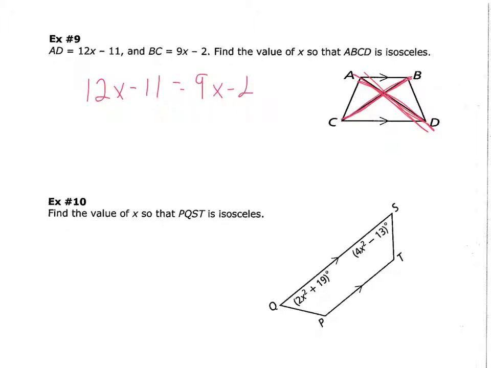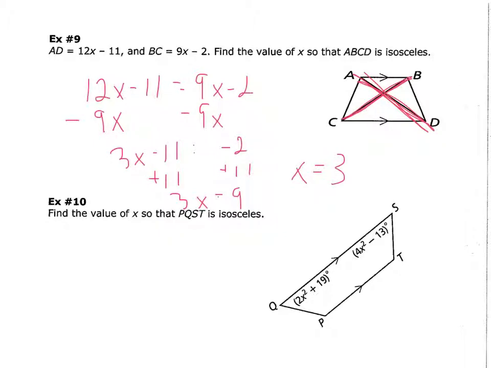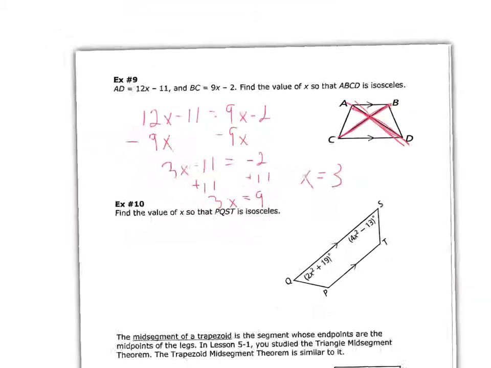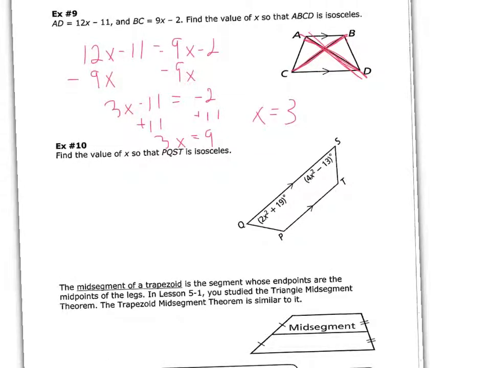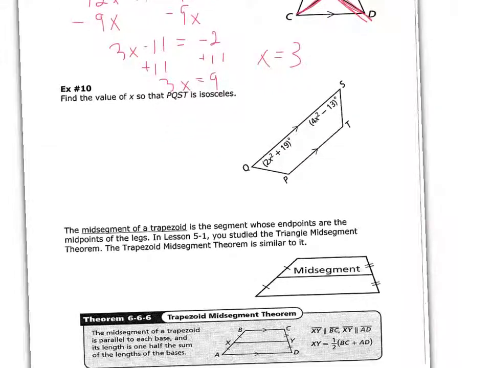We've got to get x's on the same side, so we're going to subtract 9x. That gives us 3x minus 11 equals negative 2. Add 11 to both sides. That gives you 3x equals 9. Then undo multiplication with division, and x ends up equaling 3. It's the same thing on example number 10. I'll let you do that one on your own.